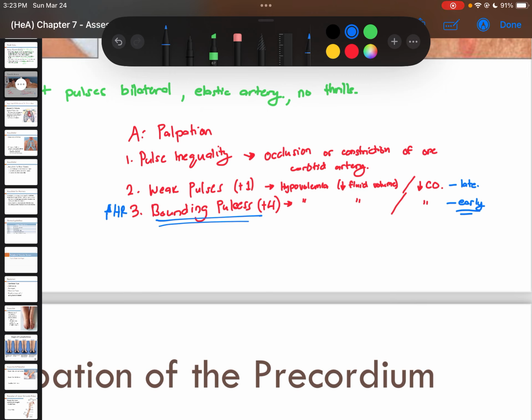However, class, later in this problem, the heart will eventually tire. Okay? Your heart will be tired and the heart rate, instead of being increased, will now decrease. Okay? And because of that, it brings with it weak pulses.